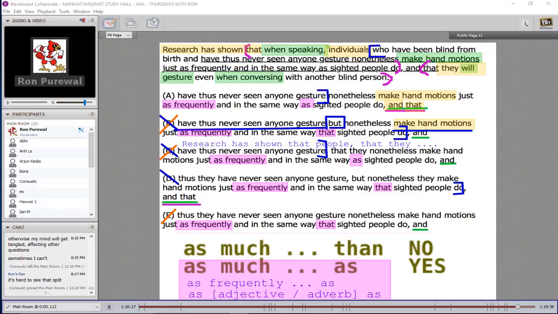And again, if you have two parts that go with different words like this, then you have to have both words. Like if you say "as much or more than," that's incorrect. You would have to write "as much as or more than." You would have to have both of those connector words, unless they're the same. So this works, the other three do not work.